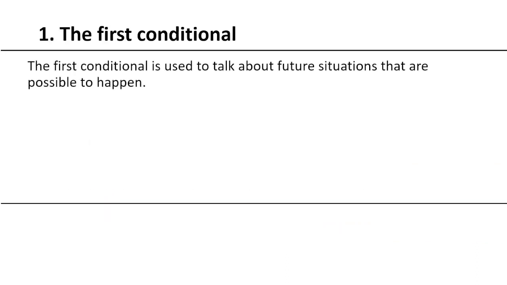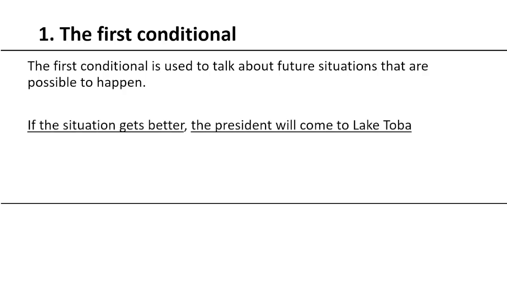All right, now let's look at the first conditional. The first conditional is used to talk about future situations that are possible to happen. Example, if the situation gets better, the president will come to Lake Toba.